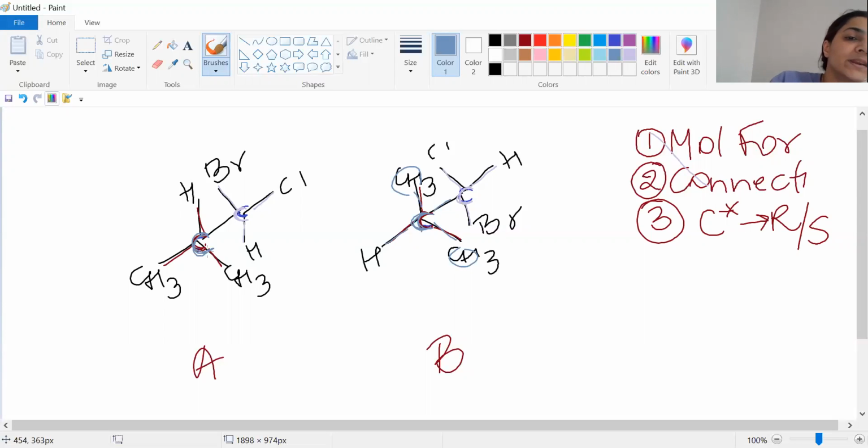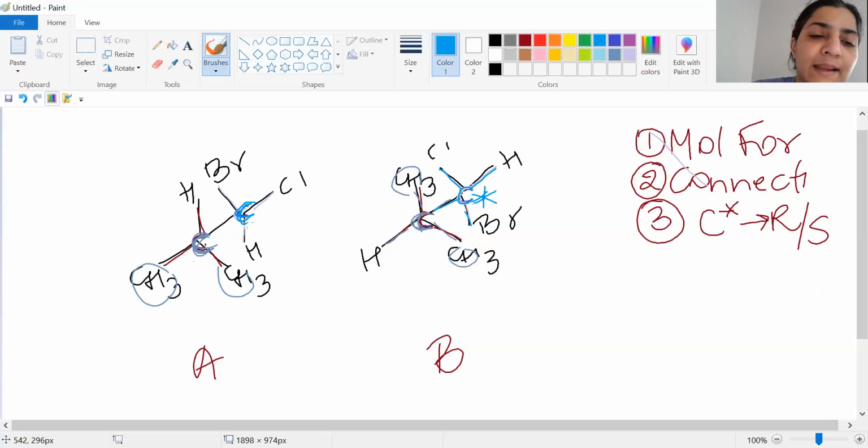Similarly, at this point, I have two same groups on the sp3 hybridized carbon, and hence this carbon is also not chiral. But if I look at my second carbon, I have four different groups around it, and I can easily label it as a chiral carbon.